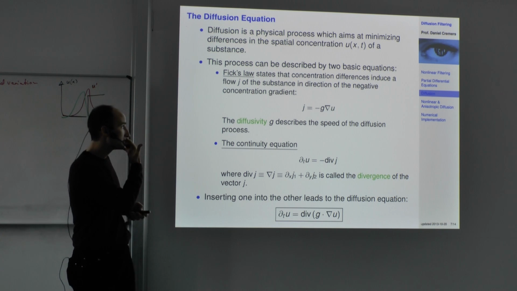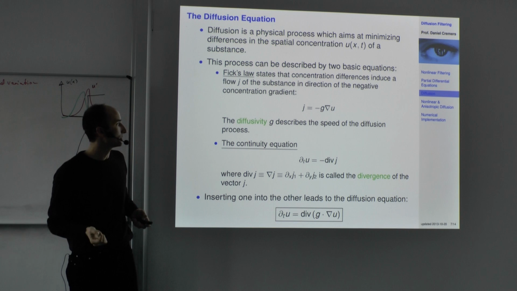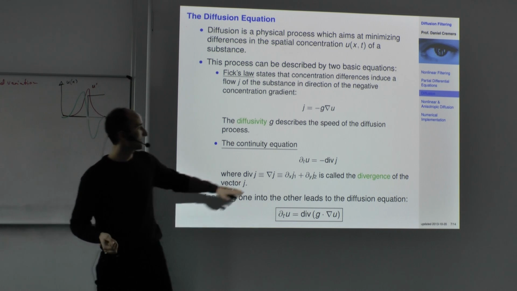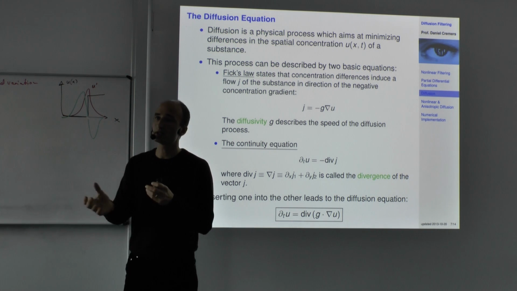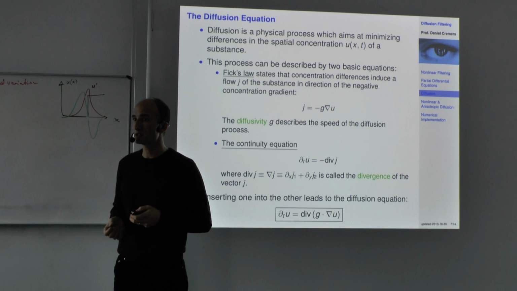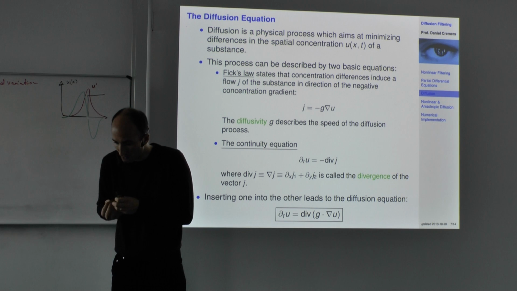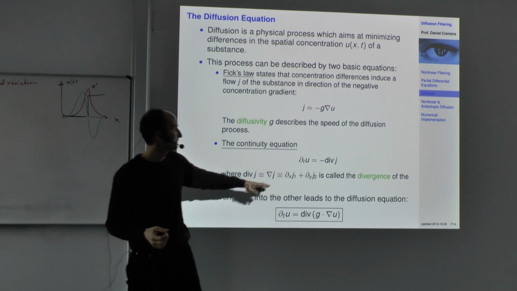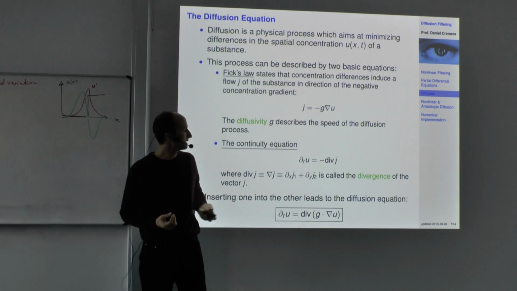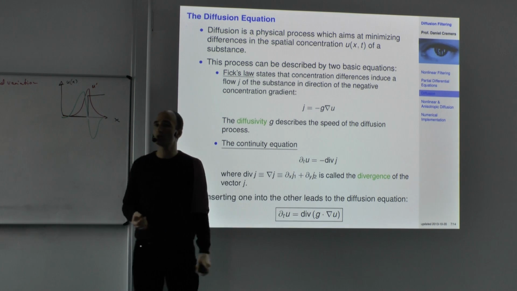The second equation is a so-called continuity equation, and that is also something that's quite intuitive. Once you have a flow of substance, that changes the concentration. If the salt flows away from a certain location, then the concentration at that location will decrease.